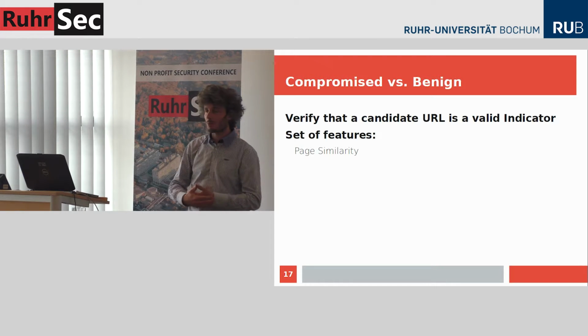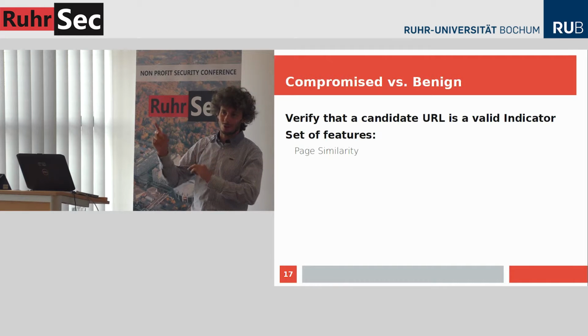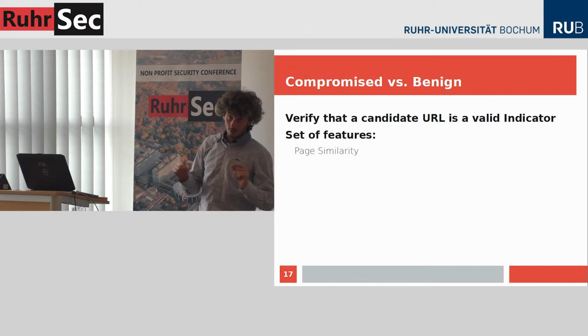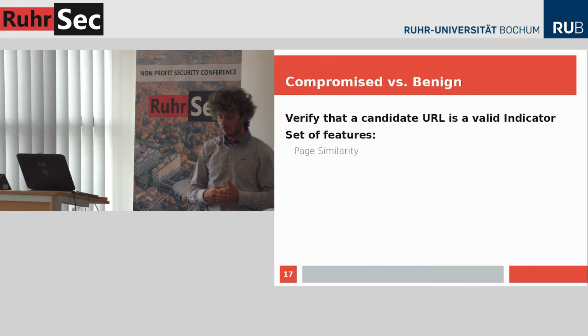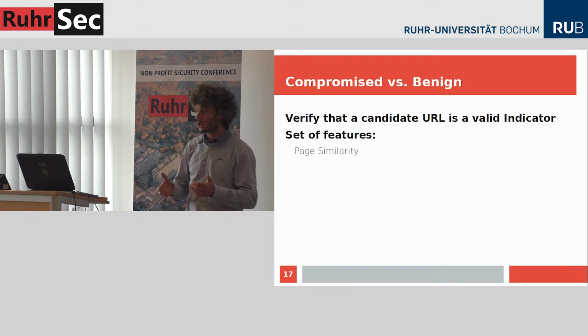So when they compromise a page, the layout they use is often similar. They often have the same buttons, like Facebook and Twitter buttons pointing to their hacking group website, just to advertise their defacement. They have the names of the members of a hacking group, or you can have groups that deface only with a specific goal, like phishing, for example. So in that case, they all contain the same phishing kit.